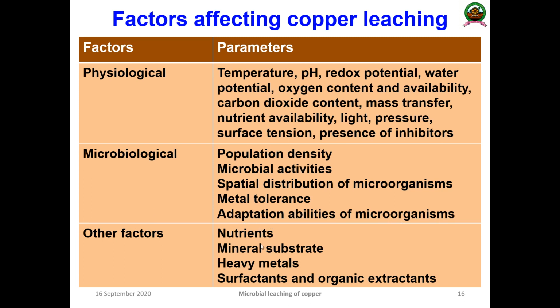Then the other factors are the nutrients, mineral substrate, heavy metals, surfactants and organic extractants. In the presence of all those things, it is identified that the process is very, very fast.